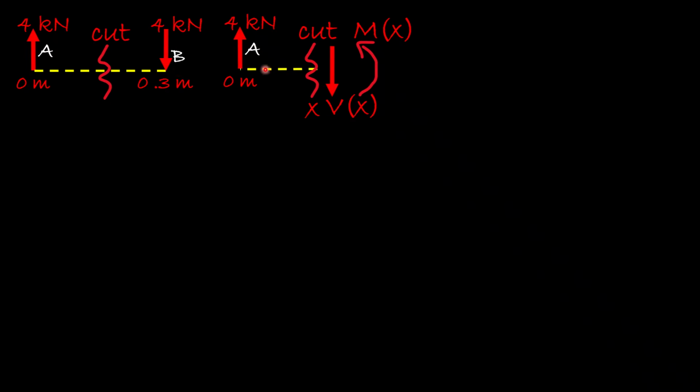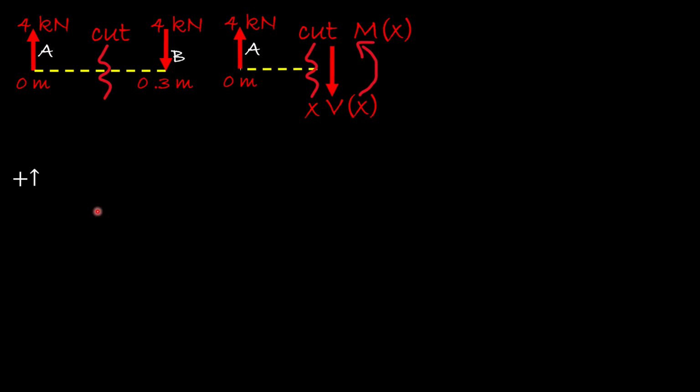So here on the right, that's what we did. We start from the 0 meter at the A location and we move an arbitrary length x, and then we make a cut. And our goal is to find an expression that describes the internal net shear force as a function of x, and the internal net moment as a function of x.